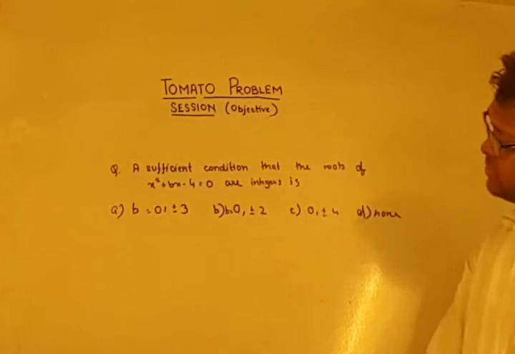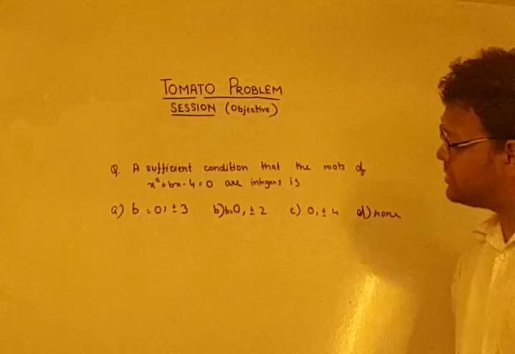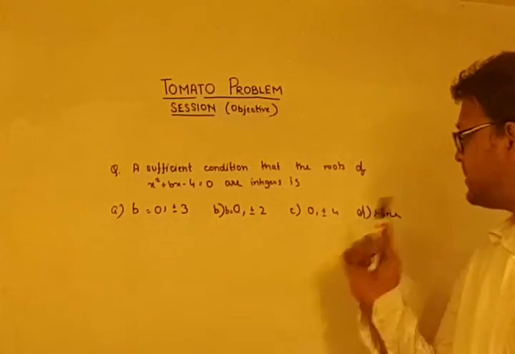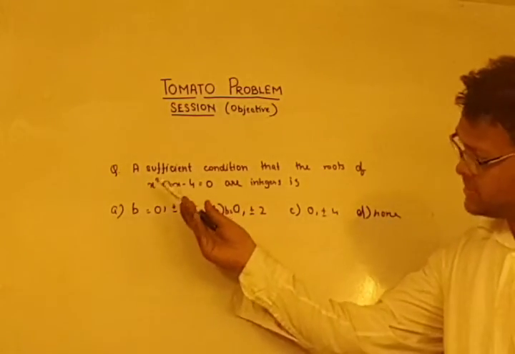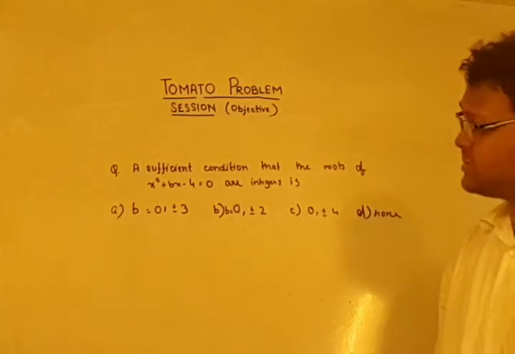The four options: b equals 0, plus minus 3; b equals 0, plus minus 2; 0, plus minus 1; or none. And this is a quadratic equation, x squared plus bx minus 4.